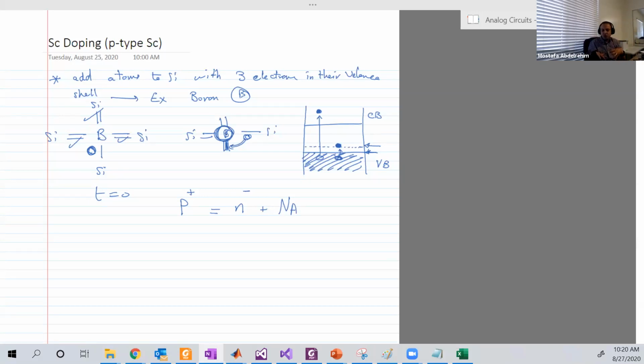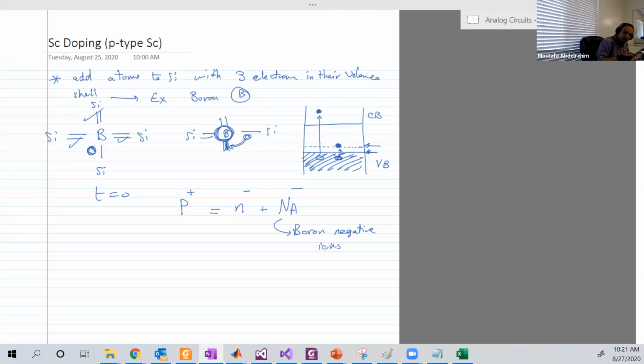So the net charge in the boron atom is minus 1 electron charge. So the boron atoms will act as negative ions. So this is boron negative ions.